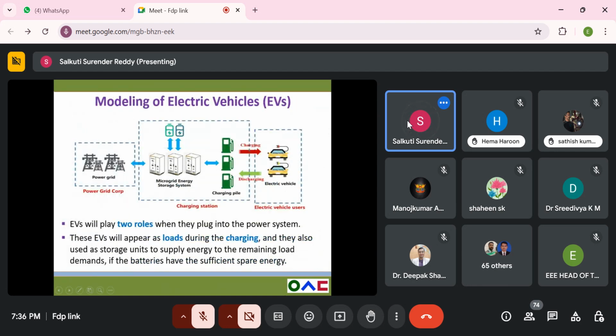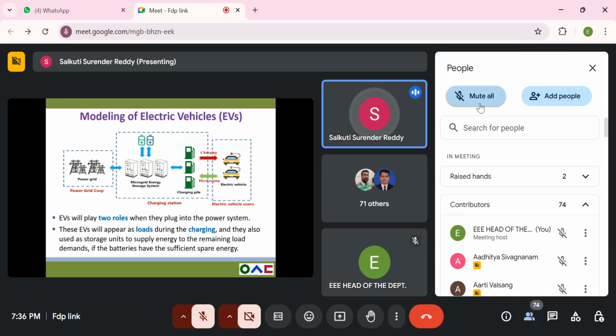Now, let's see how you can model these electric vehicles into the system. When you do optimization, we need to model the electric vehicle into the system, maybe in your load flow or your optimal power flow problem. In that case, what do we do? Generally, electric vehicles will play two roles. During the charging time, they appear like loads.